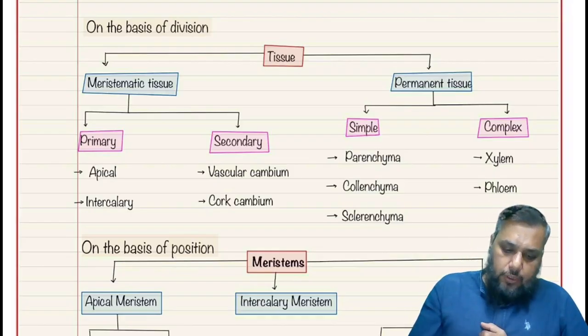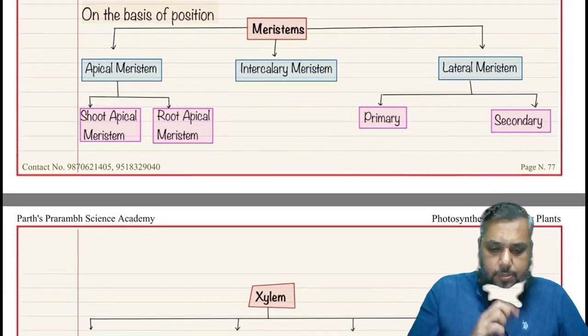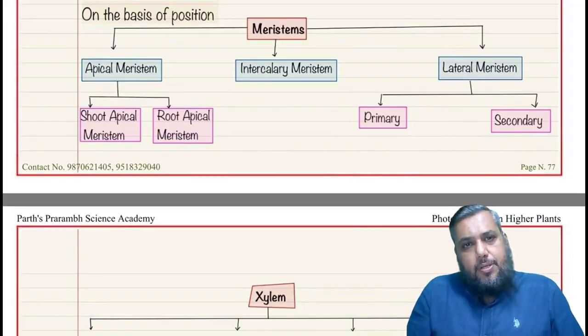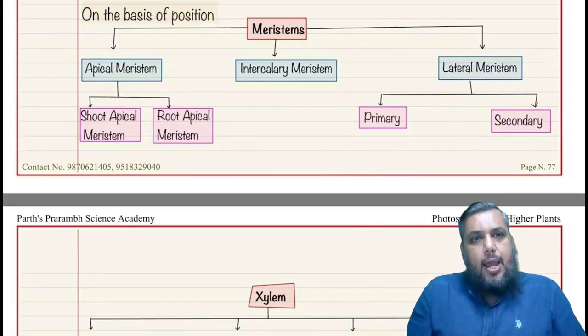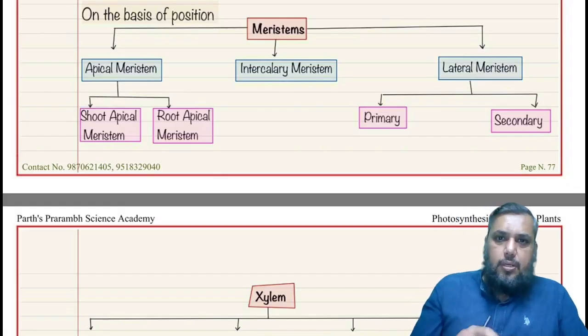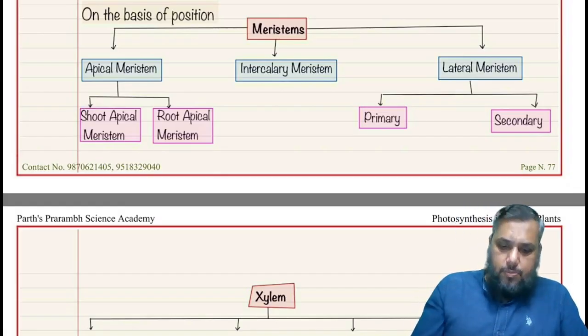Now, to further discuss the meristems, we can classify the meristems on the basis of their position as apical, intercalary, and lateral meristems, where apical meristem includes the shoot apical meristem and the root apical meristem, and the lateral meristem includes the primary meristem and the secondary meristems.